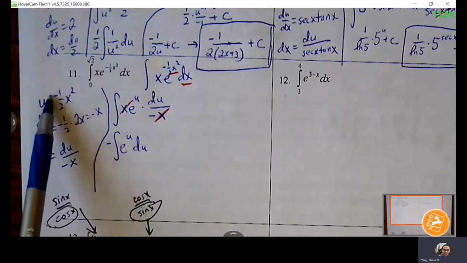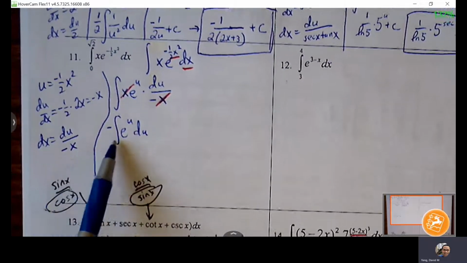Yeah, the -1 came from the -1/2 x squared, so we have to just keep track of that -1 all the way to the end.